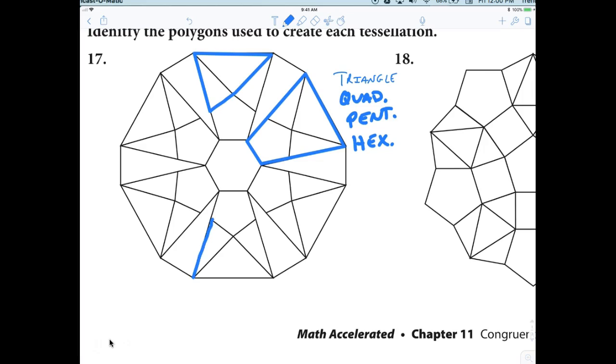I see 1, 2, 3, 4, 5, 6, 7. Does everybody see that? So what is that? 7 sides, what again? Heptagon.